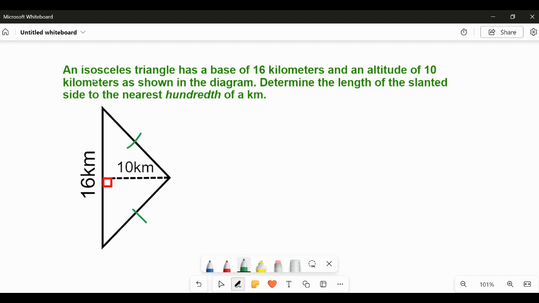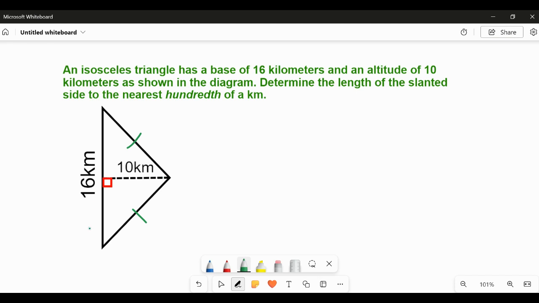So knowing that, we are going to try and figure out how we can use Pythagorean theorem in this scenario to solve for the slanted side, the diagonal here. Now, I know this is an altitude, which is 10 kilometers. What this does is it cuts the base in half.